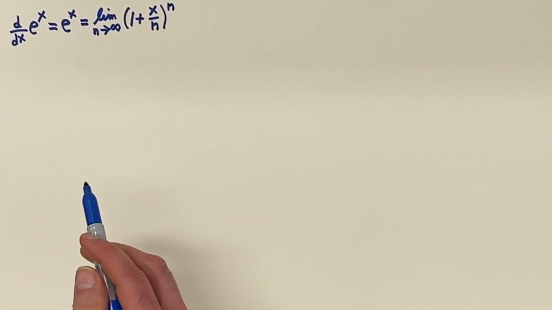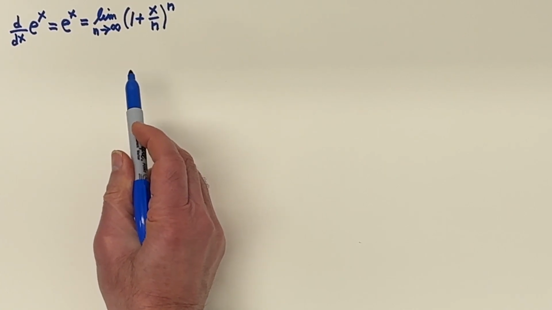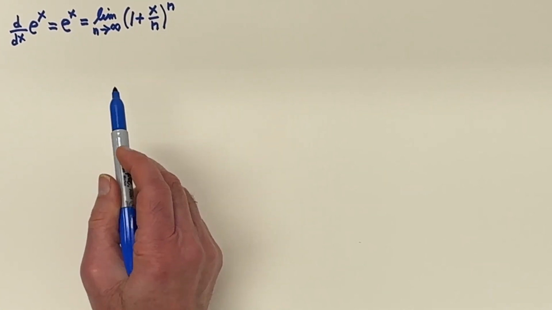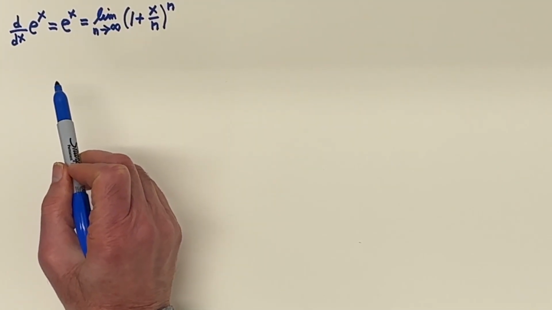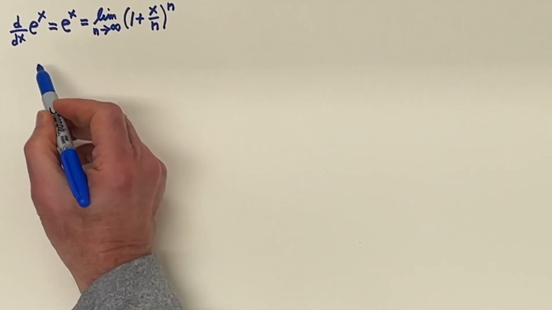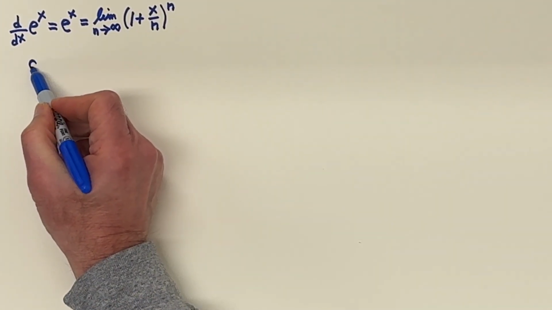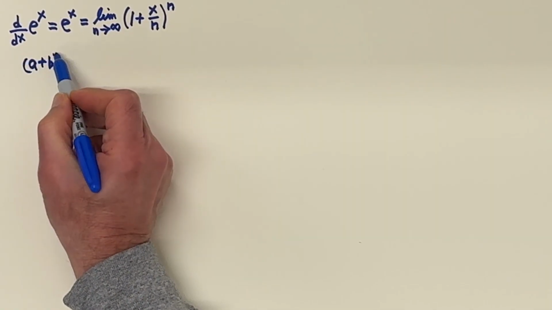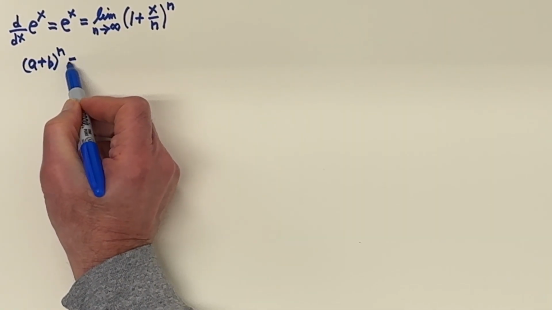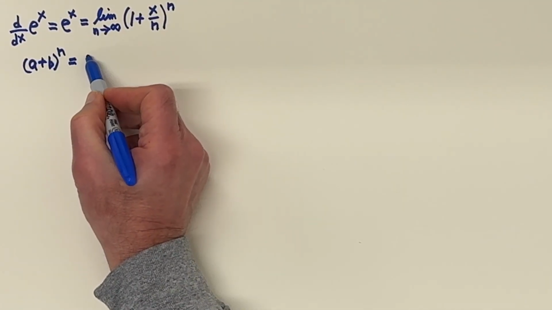Now, I'd like to work this out and show you explicitly from a power series that this derivative is going to be the same. So remember back in an earlier class, we looked at the binomial to the nth power, and we had a formula.